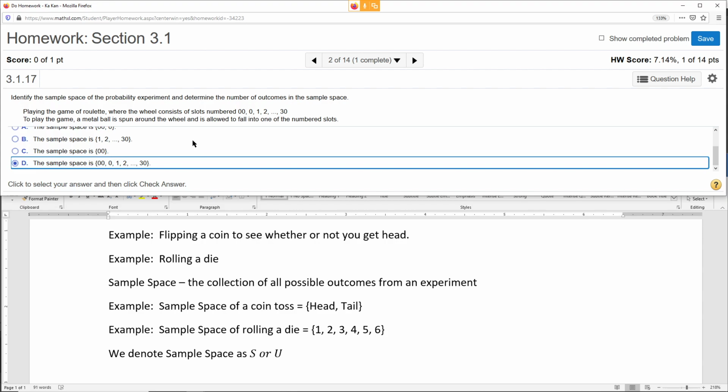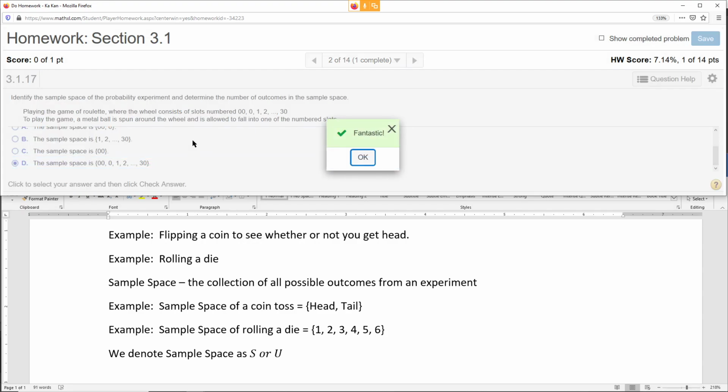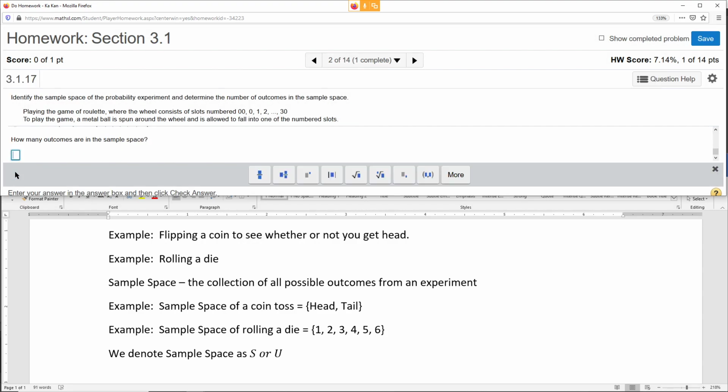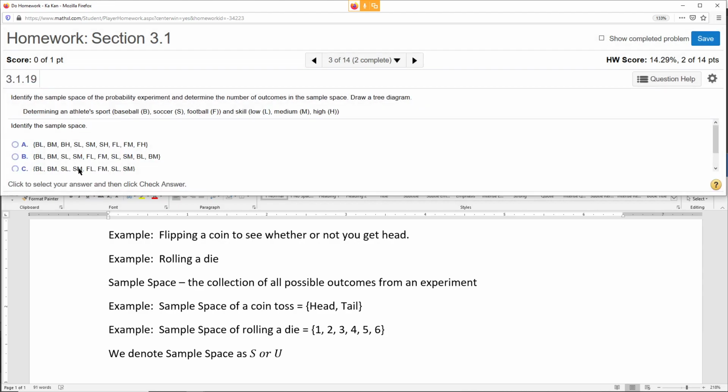I guess 00 is an outcome from this game. Like I said, I don't play this game, and if you're good at this game, you can email me or text me. So from there all the way to 30, those are all the possible outcomes. So how many outcomes do we have? Here's one way to do it. From 1 to 30, that's 30. Then you add those two, so that's 32. You can write that down on a piece of paper if you want to. It's going to be 32.